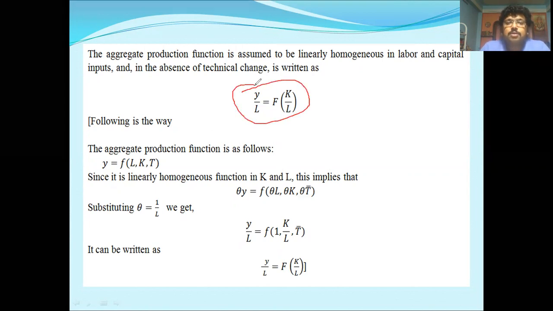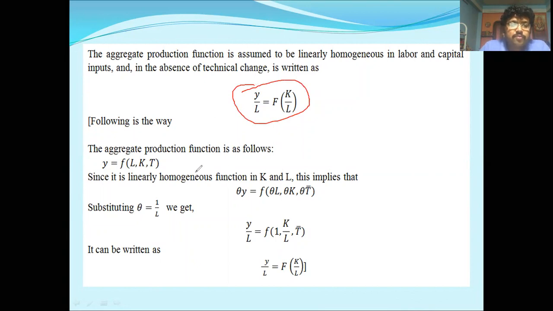If the aggregate production function is as follows: Y equal to a function of L, K, and T, then it is a linearly homogeneous function, so we multiply L and K, and T also, by theta, and replacing theta by 1 by L, we get this.